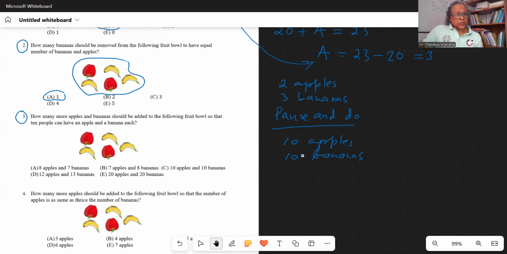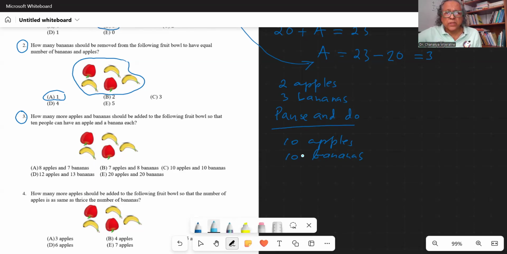Right now we have only 2 apples. To find out the number we need to add, we need to subtract 2 from 10. We need to take away 2 from 10. So 10 minus 2 is 8.